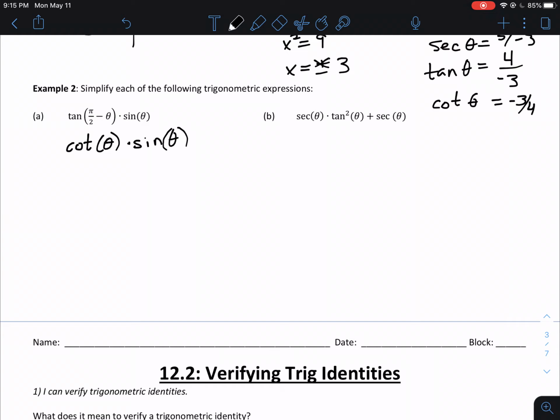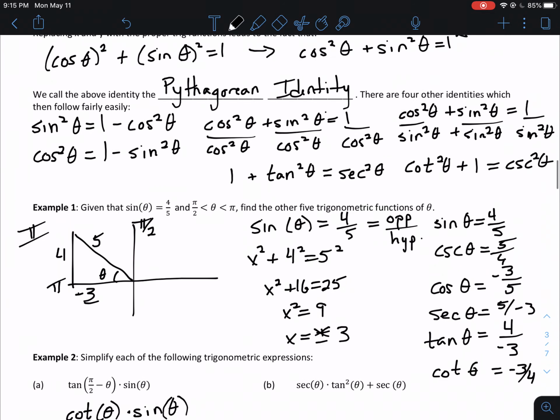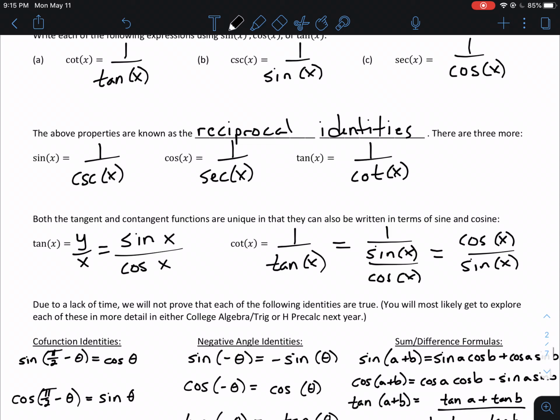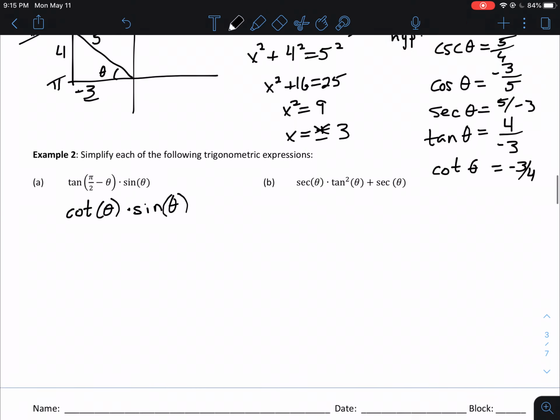Let's see if we can simplify a little bit more. Let's rewrite cotangent of theta in some other way. One thing we could do is rewrite cotangent of theta as 1 over tangent of theta, but I don't know that that's going to help us a whole lot. Let's instead rewrite cotangent of theta as cosine over sine, and see how that will help us simplify.